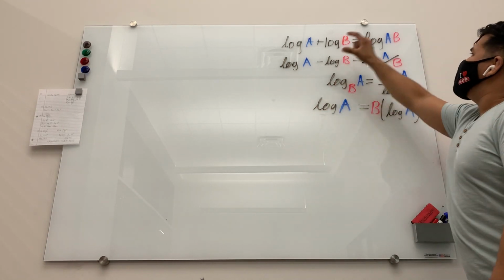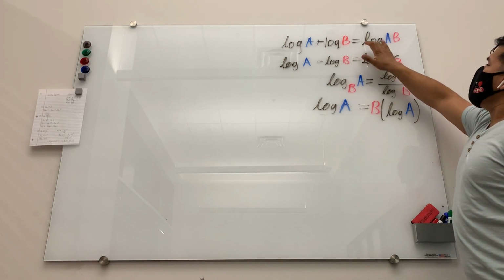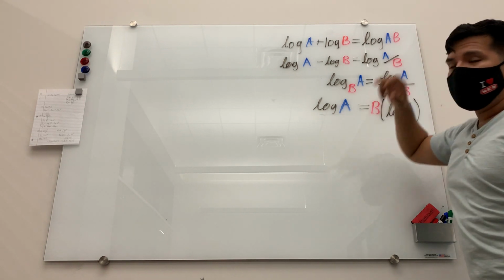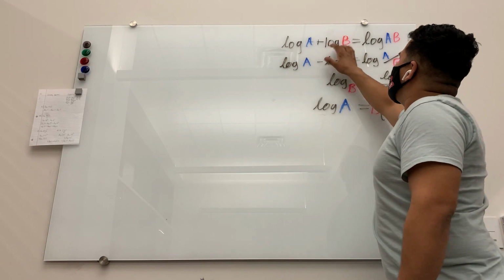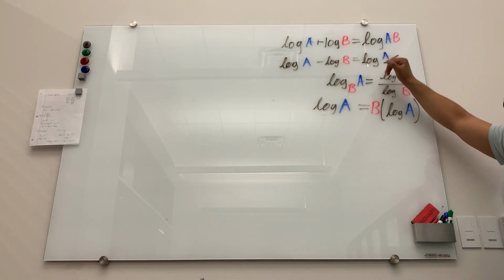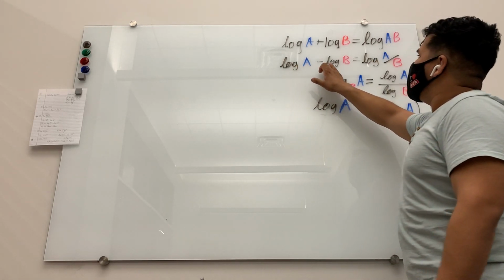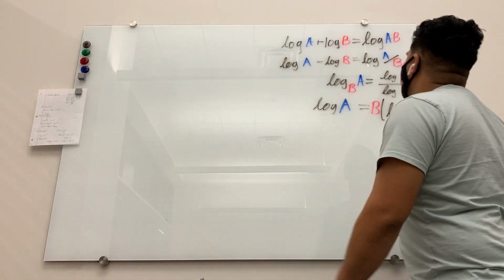So all these have log base 10, and if we have log of a times b, it's the equivalent of log of a plus log of b. For this one, we have log of a divided by b is going to be the same as log of a minus log of b, or log of a subtract log of b.